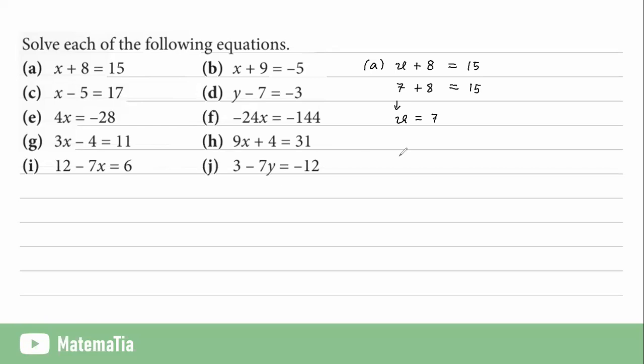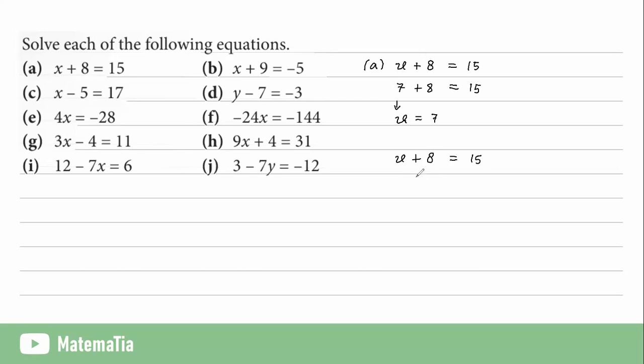Or we may use this way. x plus 8 is equal to 15. Okay, the goal is we want to find the value of x. That's why we have to get rid of number 8 here. So to get rid of number 8, we may do the opposite operation, because this one is addition, so the opposite operation is subtraction.